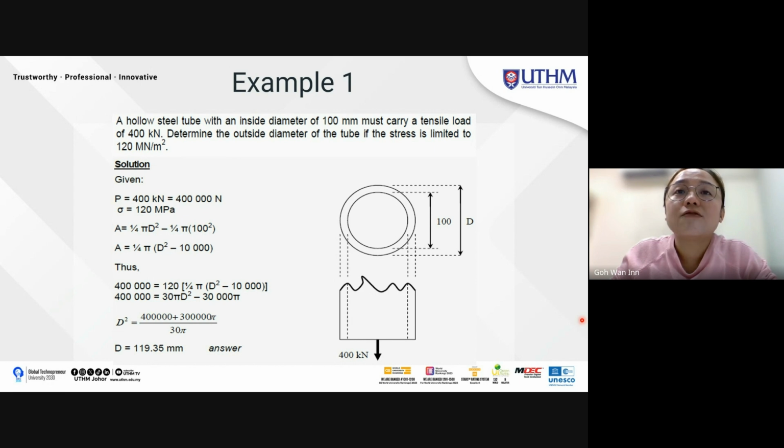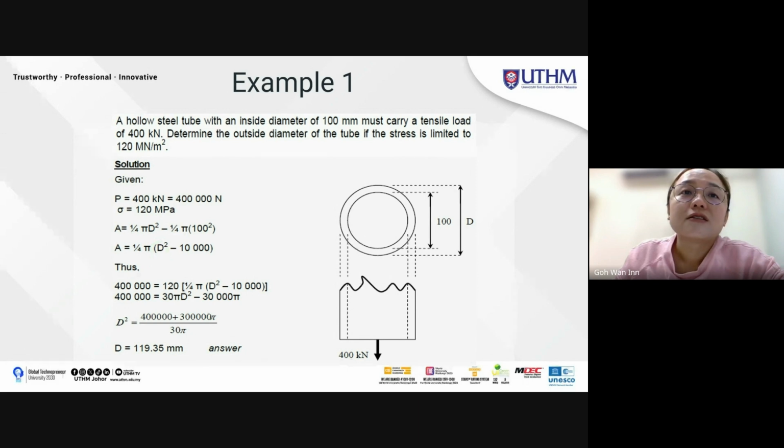So you must get the area of outside minus inside: pi over 4 times D squared, minus pi over 4 times 100 squared. This is the outside diameter and this is the inside diameter. You cannot solve it yet because D squared is unknown, and this is what we want to find.